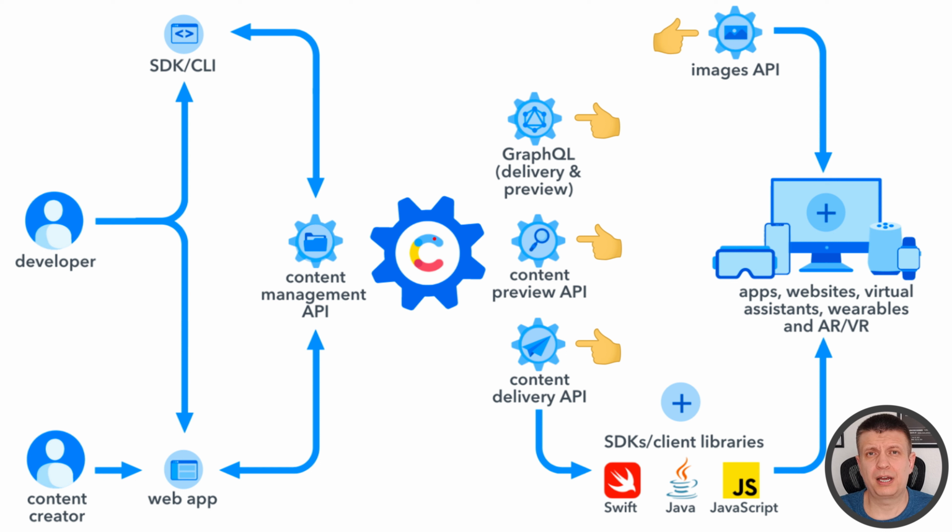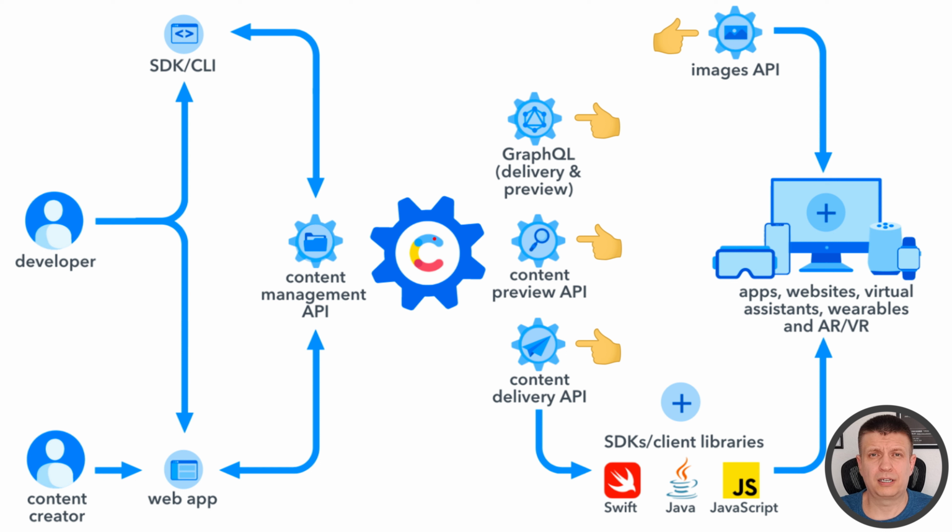Content delivery API delivers your published content. Content preview API delivers your draft or chosen content so you can review. And the Content Delivery API and Images API are backed by a CDN, so those APIs are pretty fast.